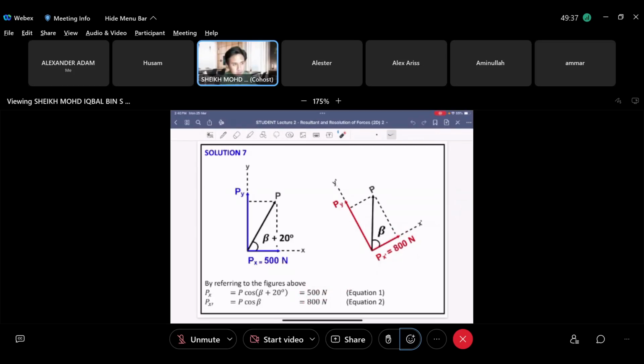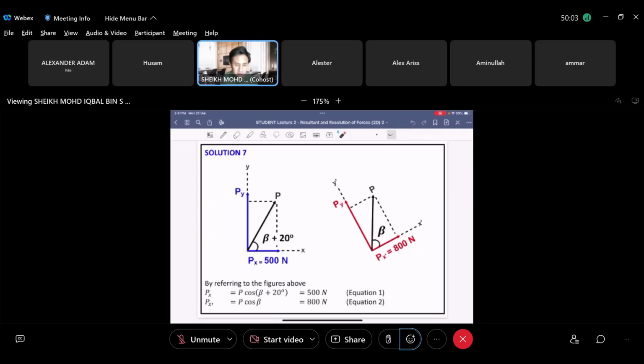Now you have to be creative when you are at this stage, right? So how do we solve when we have two unknowns? It's basically unsolvable, right? It's hard to solve when you have two unknowns. You have to make it into one unknown, then it's easier for us to solve it. So what we can do here from equation 1 and equation 2, we can try to divide equation 1 by equation 2.